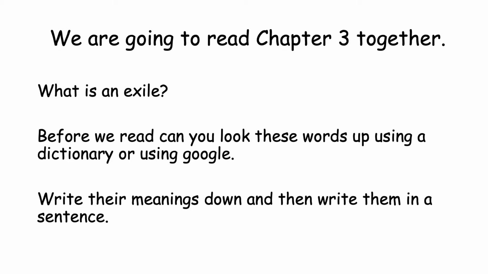Before we read, what you need to do is look up, using a dictionary or using Google, some of the words on the next page. You need to write the meanings down and then write them in a sentence.